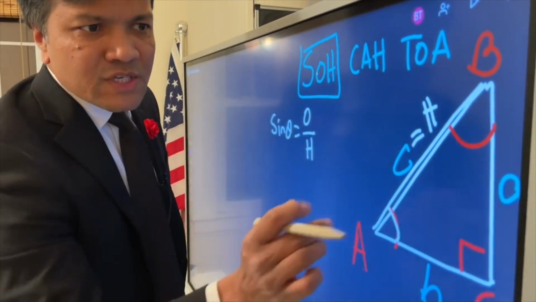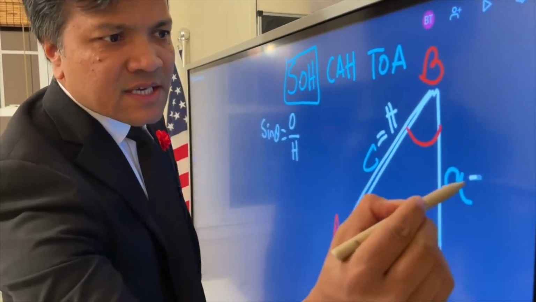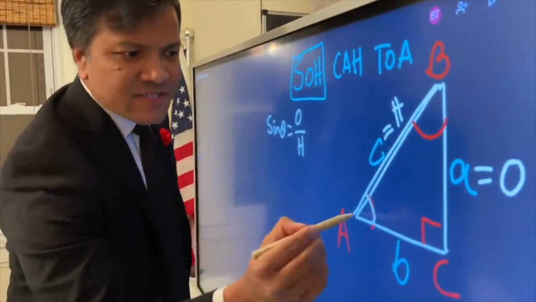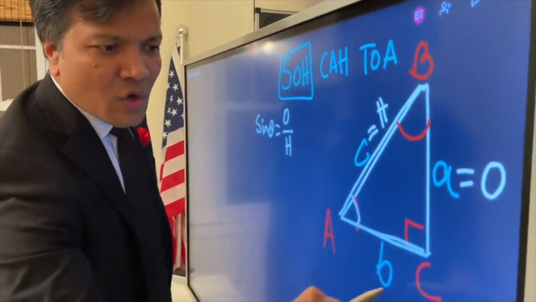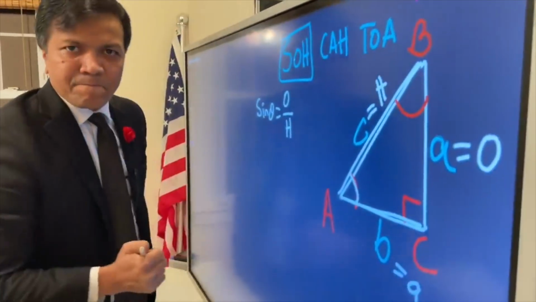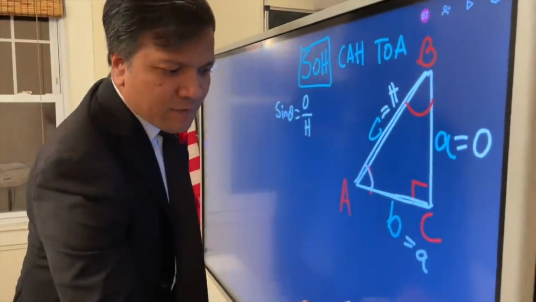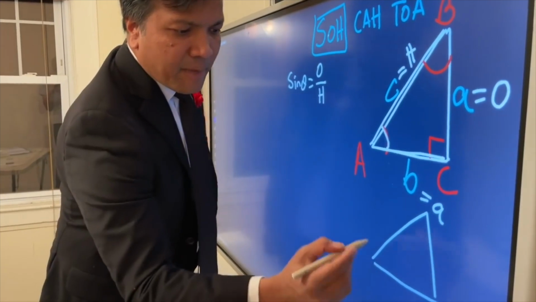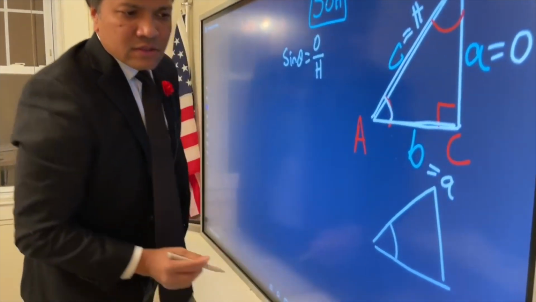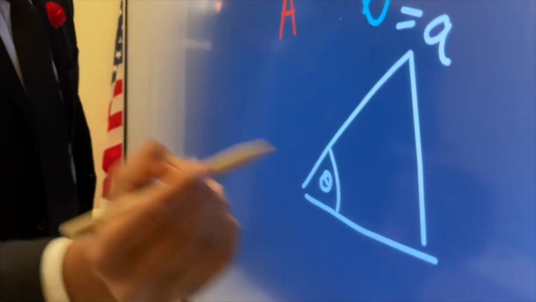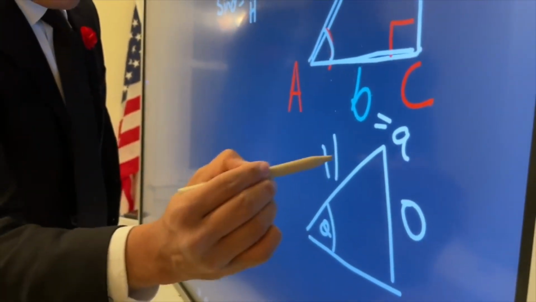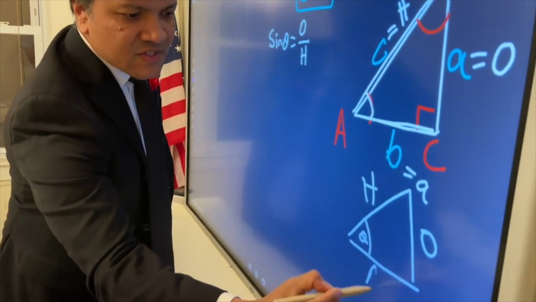Alright, so this one is opposite. We can call it A or we can call opposite. This one is adjacent. We can call it B or we can call it adjacent. Alright, so if we do draw this triangle again, and if we look everything with respect to this theta, this one is opposite, this one is hypotenuse, the longest side, and this one is adjacent.